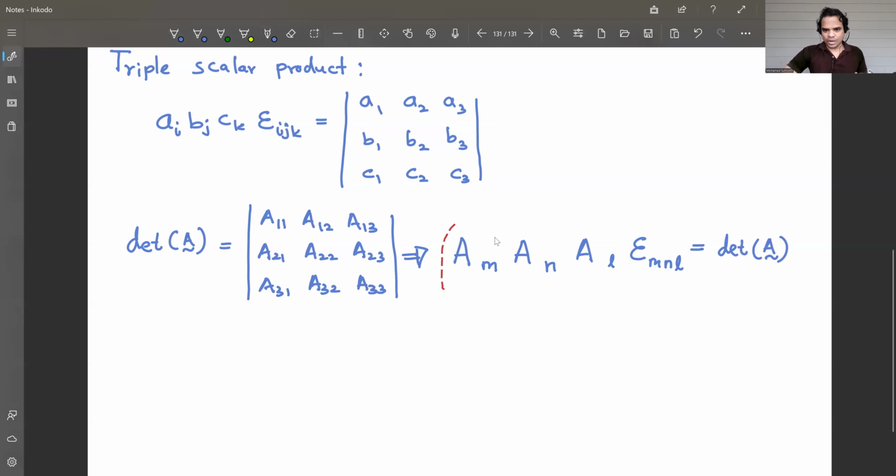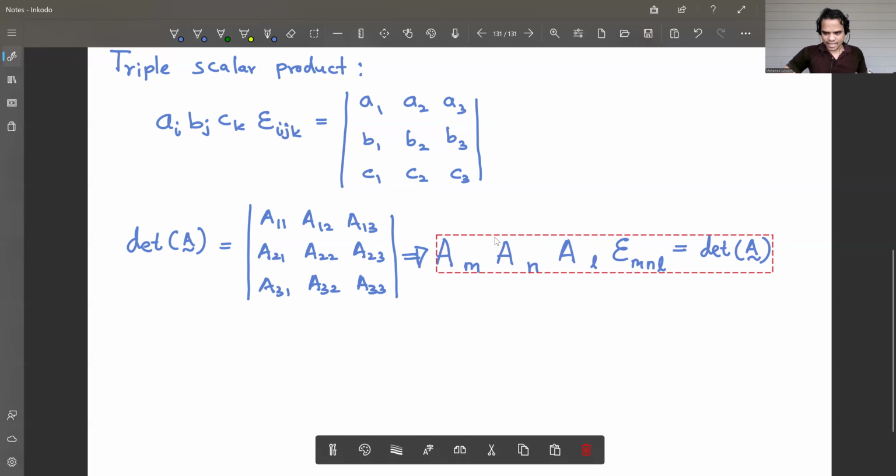No, we have to do one more thing. I don't have space, so I will move a bit to this side.